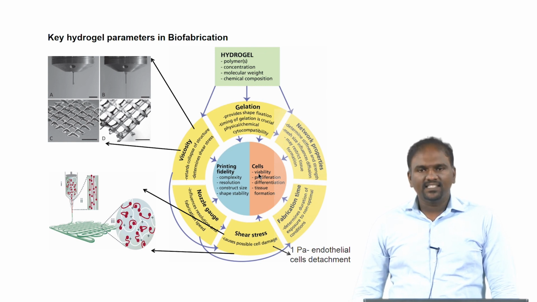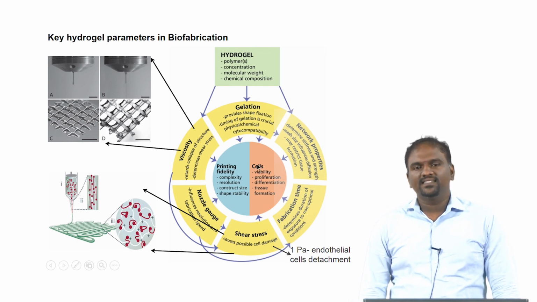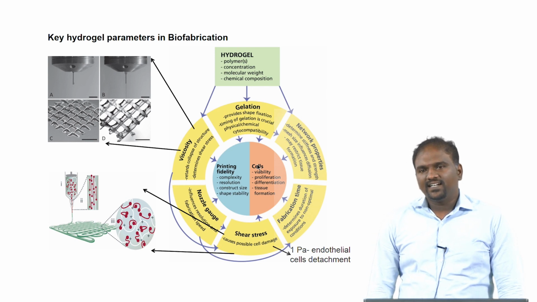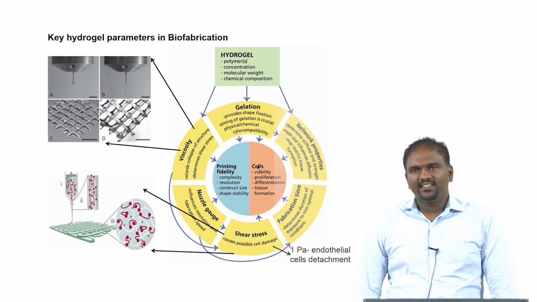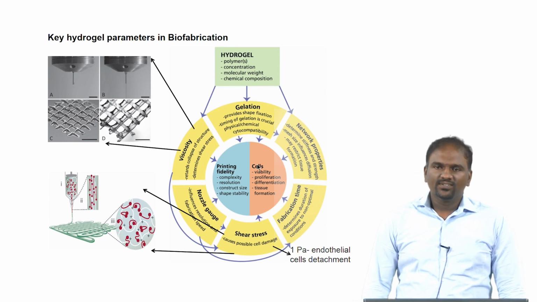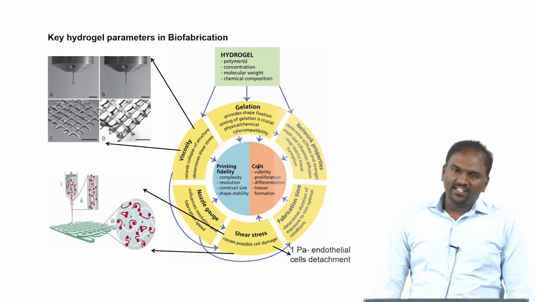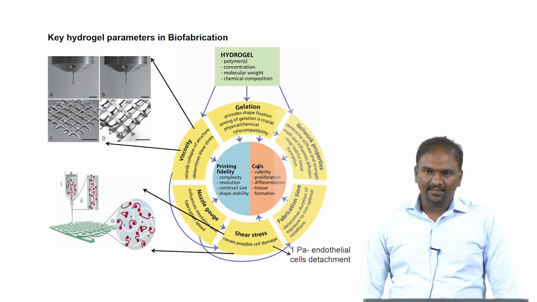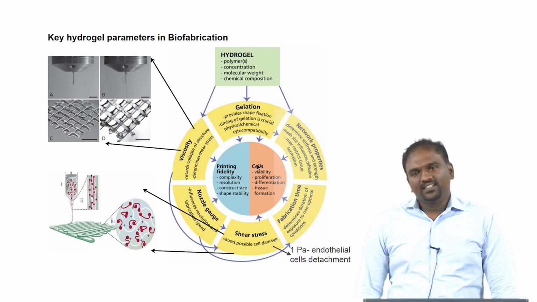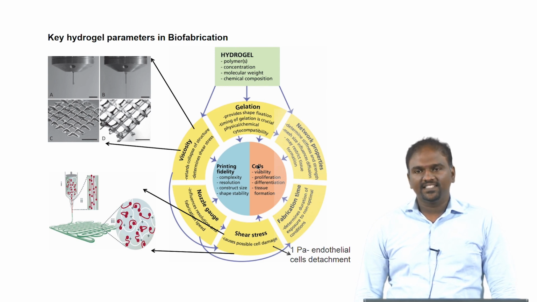We can see that in the second part of the image. Once it is printed, it forms the particular hydrogel or the structure of our interest, reforming into the shape we want. If we apply too much shear, that reorganization will be difficult.